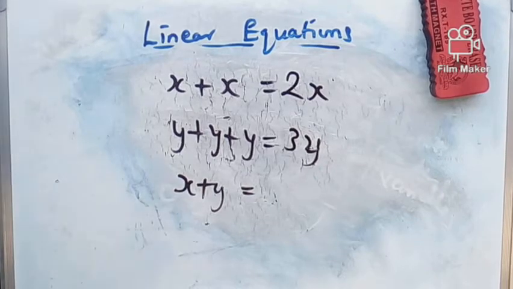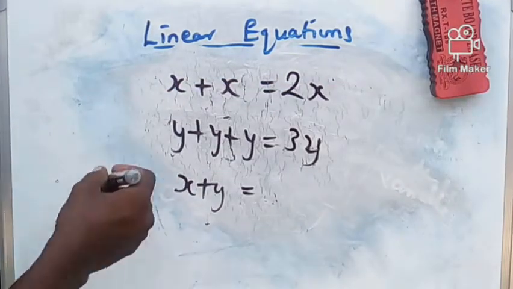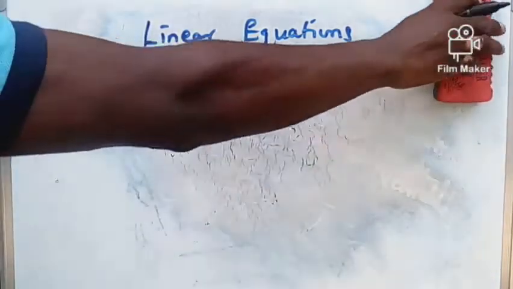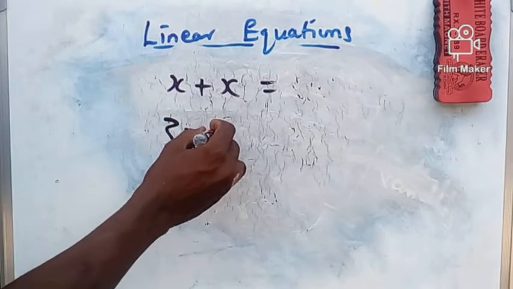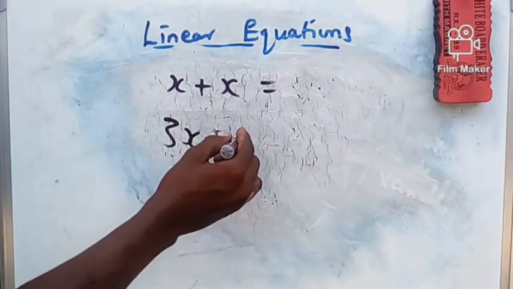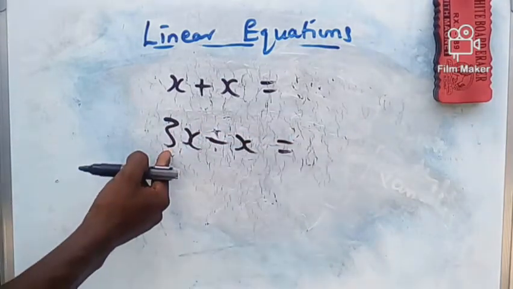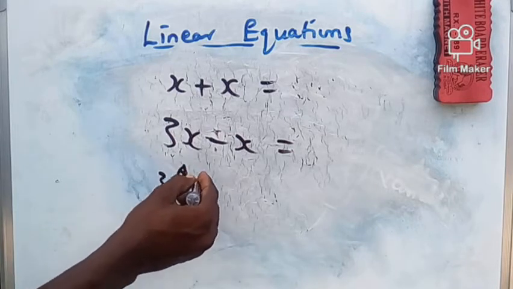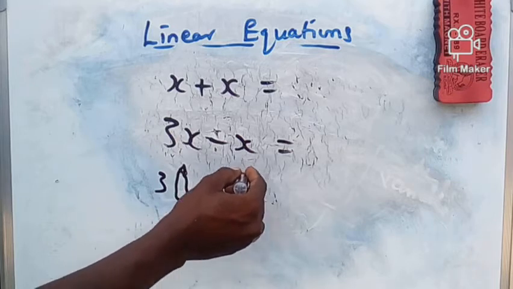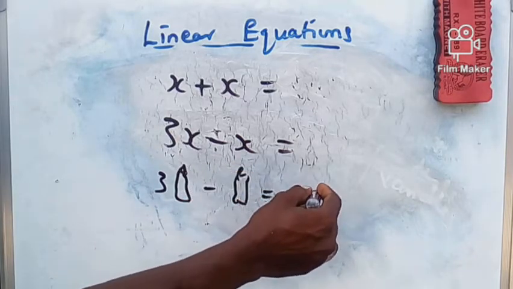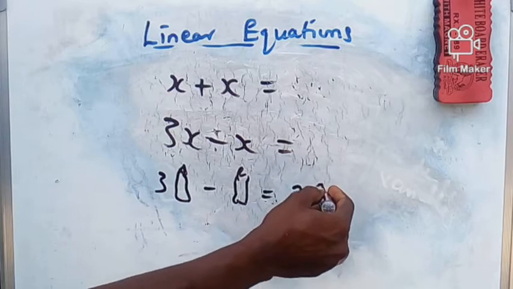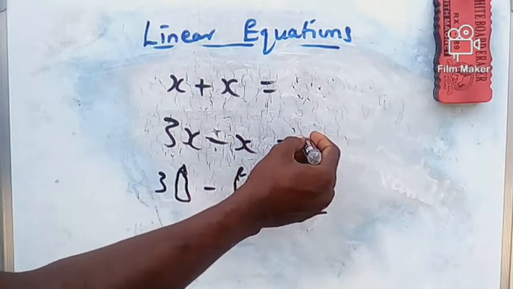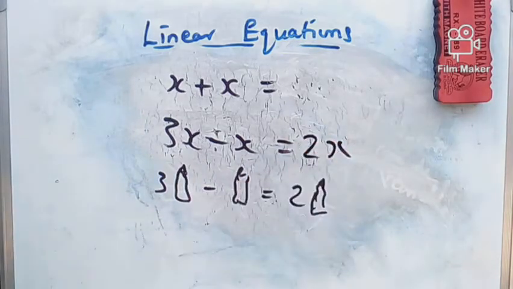We can also subtract variables. Let's say we have 3x minus x. This simply means 3 bottles minus a bottle. How many bottles do I have? I have 2 bottles left. In similar manner, when you have 3x minus an x, what you have left is what? 2x.